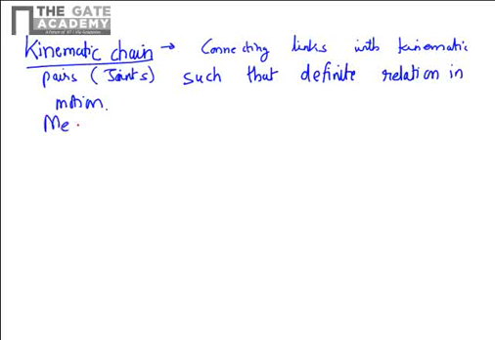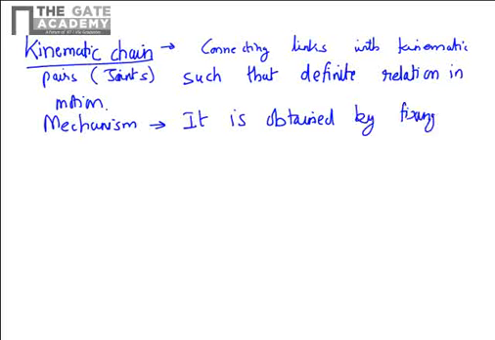Formal definition of a mechanism is that it is obtained by fixing any one link in a kinematic chain.